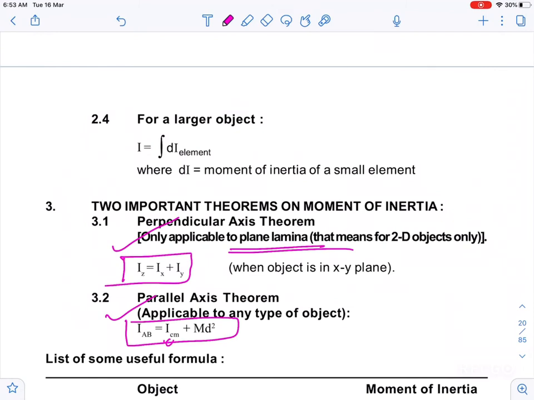If you know the moment of inertia about the center of mass, you can shift that moment of inertia to any distance, so that is md square. Suppose I know the moment of inertia is ml square by 12. About this point, moment of inertia can be calculated. Suppose this distance is l by 2, so ml square by 12 plus m into l by 2 whole square.